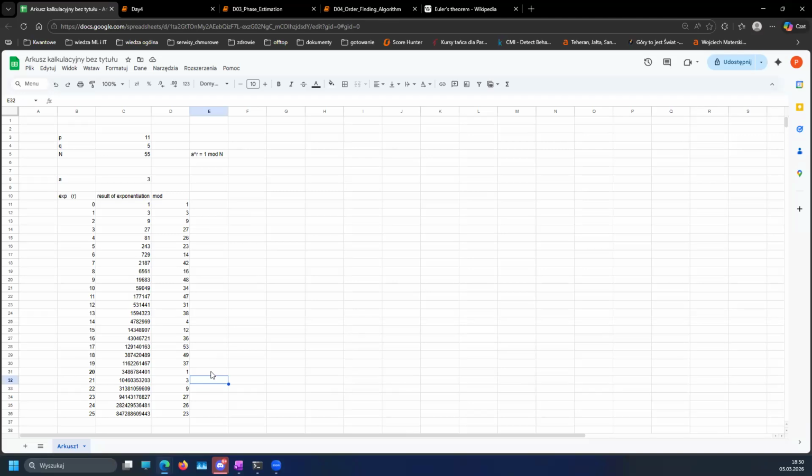But Peter Shor found out that as you keep raising this R to higher numbers, so getting a higher exponent, and then calculating this remainder, you can see that the pattern repeats.